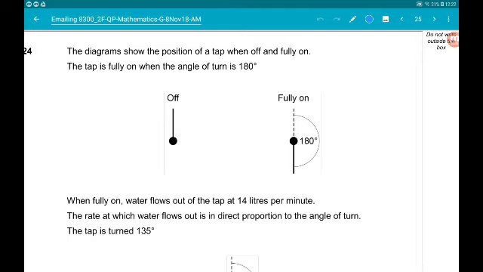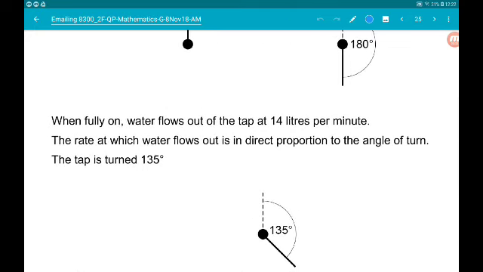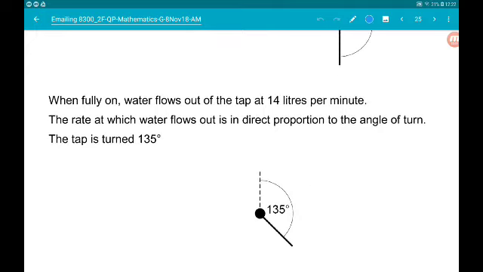So you need to turn it from pointing up to pointing straight down. When fully on, water flows out of the tap at 14 litres per minute. The rate at which water flows out is in direct proportion to the angle of turn.